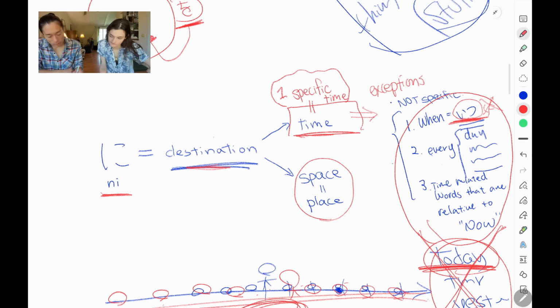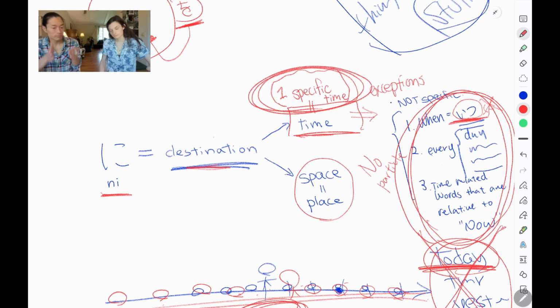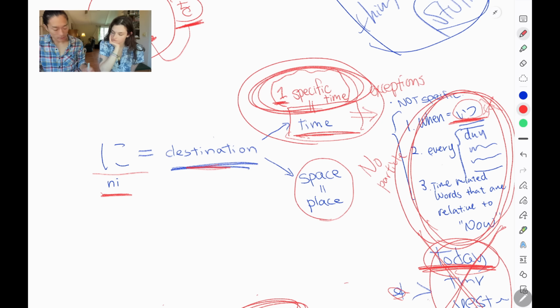These three exceptions, we don't need any particle, no particle. But other time-related words make basically one specific time. For example, 10 o'clock, specific. Monday, specific. July, specific.